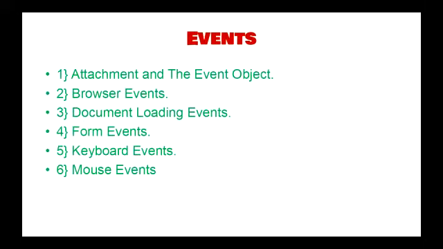Document loading events, how you load the document, those are events. Form events: a form contains buttons and input text boxes. Keyboard events, how you click the keys, those are events. And mouse events, how you move your mouse, those are events.